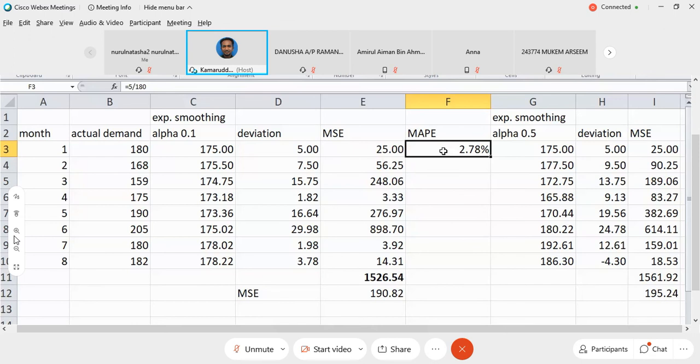Tapi macam mana kalau kita tulis atas kertas? Kita kena darablah dengan nilai 100 untuk dapatkan nilai percentage.